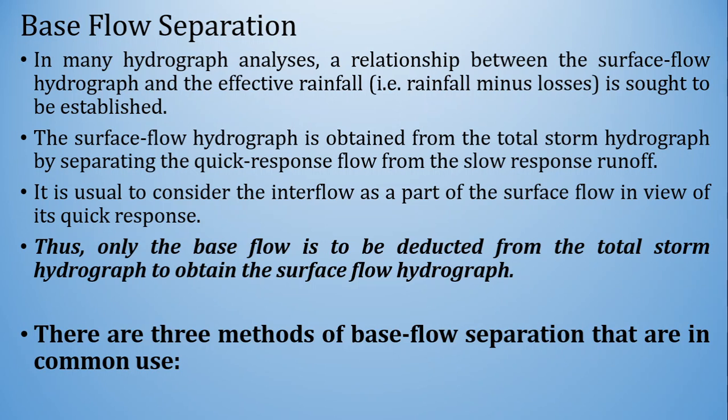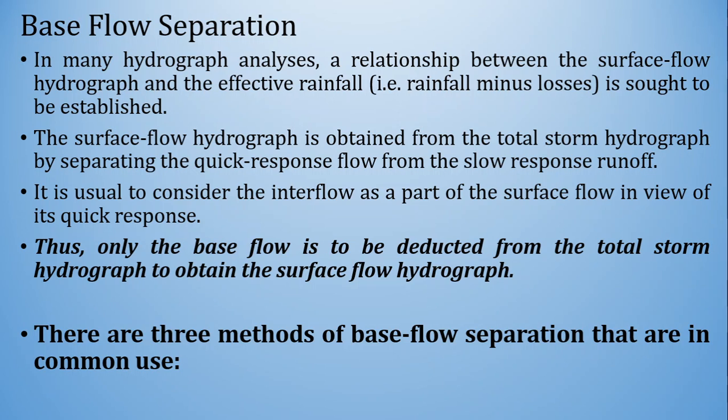In many hydrograph analyses, a relationship between the surface flow hydrograph and effective rainfall, that is rainfall minus losses, is sought to be established. The surface flow hydrograph is obtained from the total storm hydrograph by separating the quick response flow from the slow response flow.